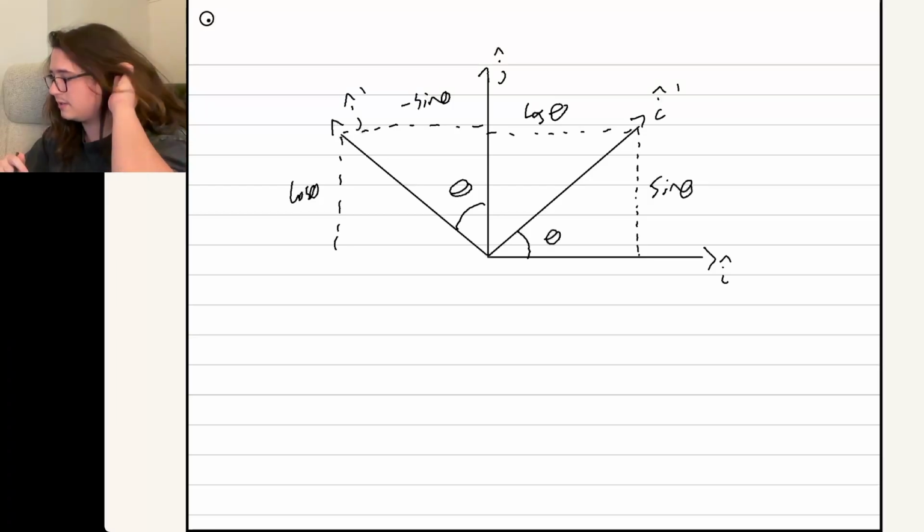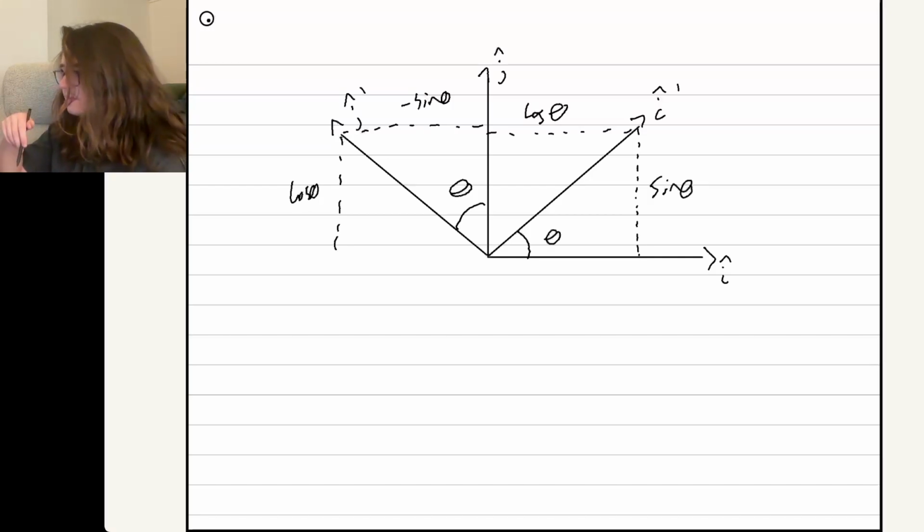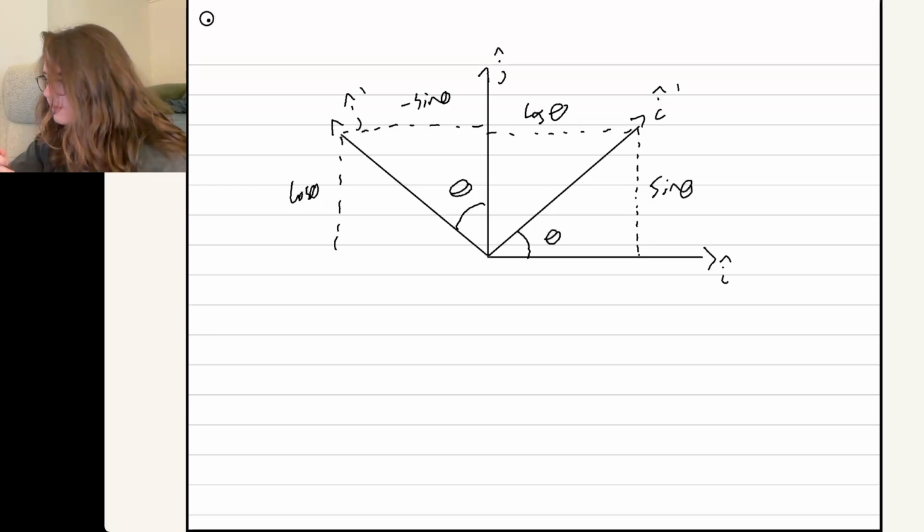This is representing a rotation of angle theta around the z-axis. So you're looking down the z-axis and you're rotating counterclockwise with angle theta. What if instead you wanted to look down the x-axis, so you're looking down the i hat vector, and do the same thing, rotate with angle theta?